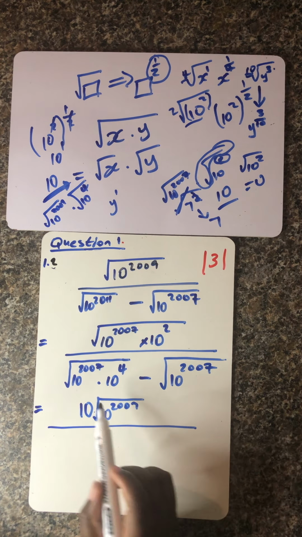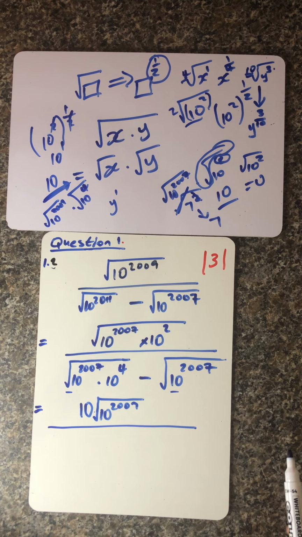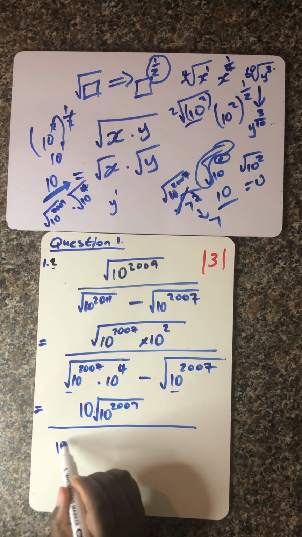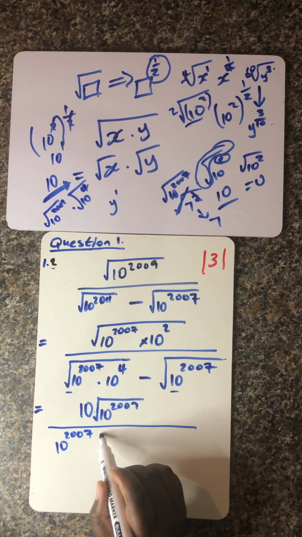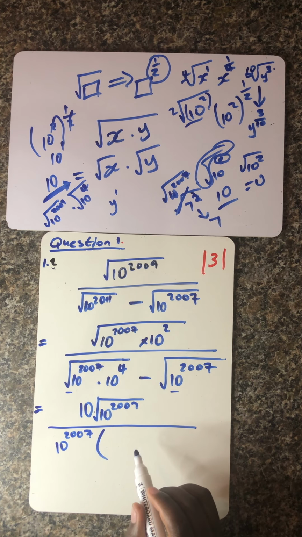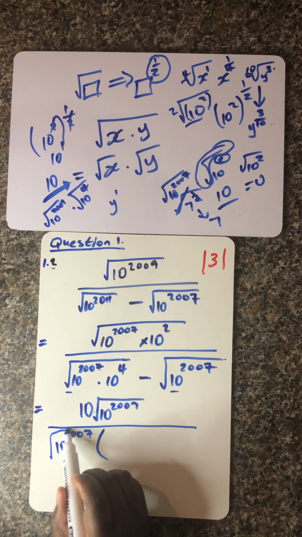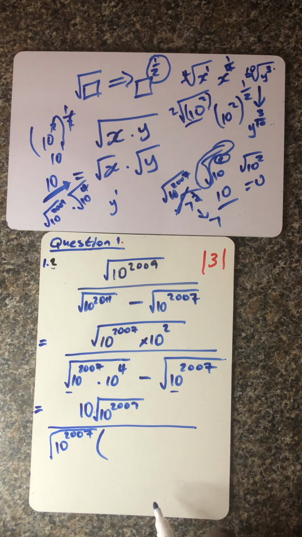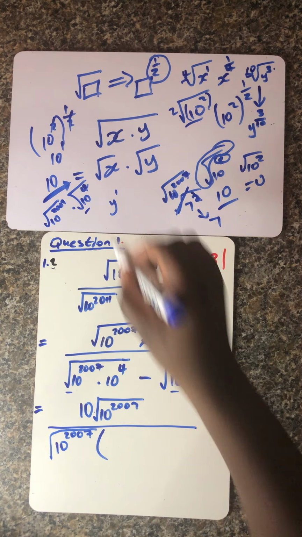Okay, so we can take out 10 to the exponent 2007 as a common factor. So this is what we have as 10 to the exponent 2007. Then you remain with, let me see, remember guys, I forgot to add a square root over there. So remember guys, then you're remaining with 4 inside the brackets.